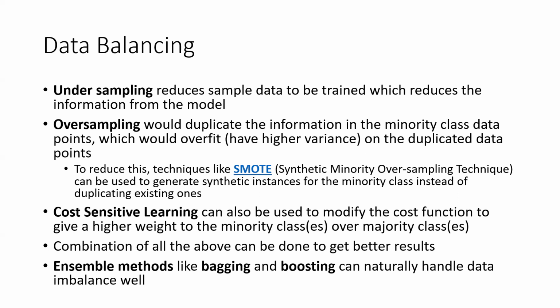For example, if there's a very highly unbalanced data set, you can undersample to some extent in the majority class, then oversample to some extent in the minority class, then use cost-sensitive learning for some proportion to magnify the minority class, and still there would be some data imbalance in the classes, but that would not be a major problem, right? So that is how we do data balancing in the real world.